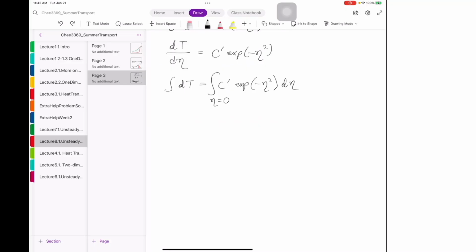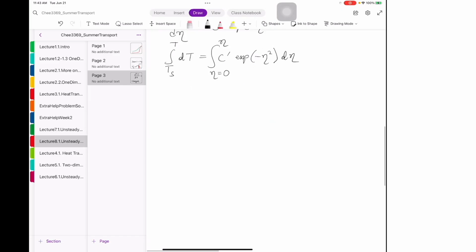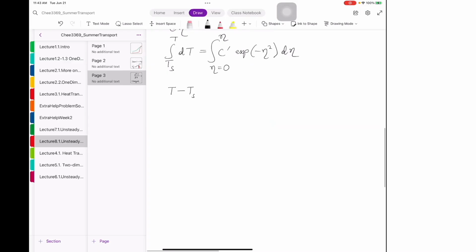Okay, going from eta 0 to any eta, and T is Ts, the surface temperature, to any T. From here, you find T minus Ts is equal to c prime times the integral from 0 to eta of exponential of minus eta squared d eta.